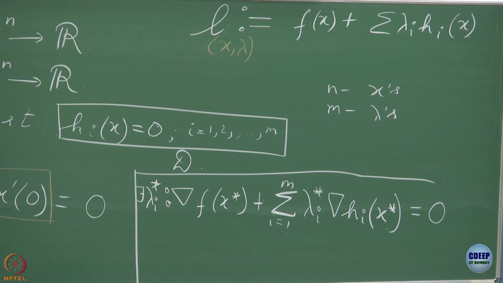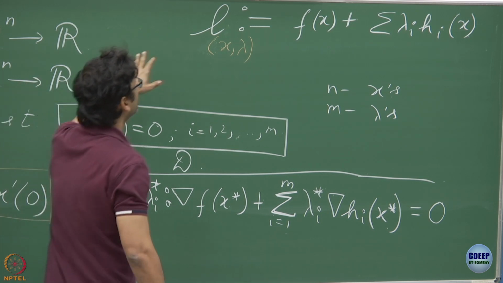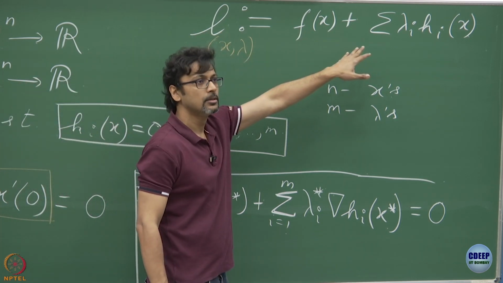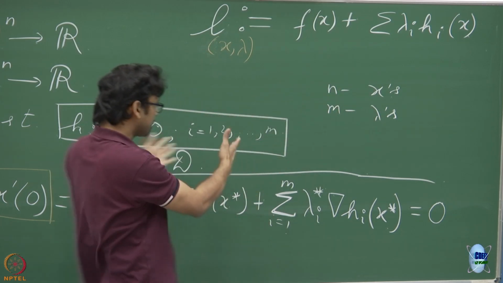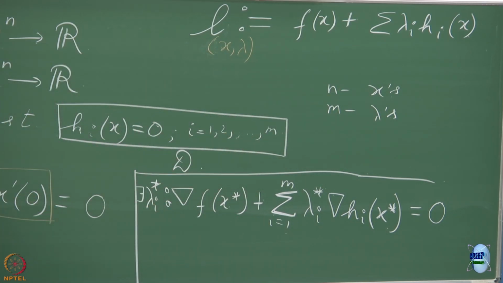And if you now think of this as a cost function to be minimized, what you have is a condition for optimality in the unconstrained framework, isn't it?